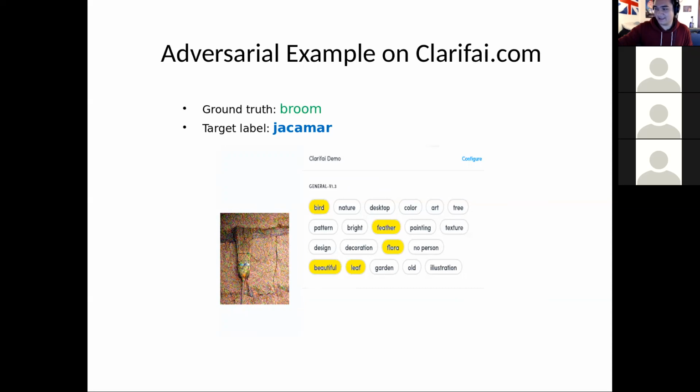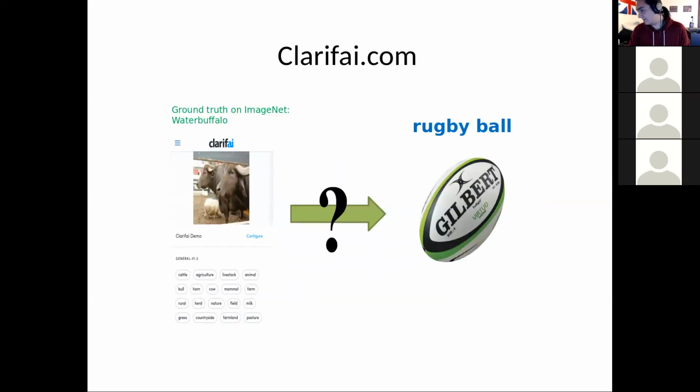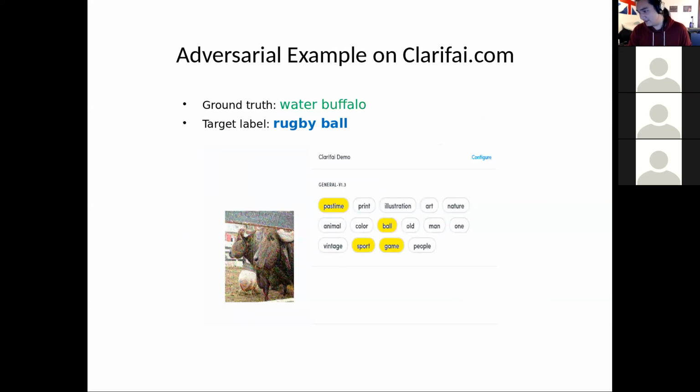Notice that this adversarial attack generated with these ensembles can produce bird-like things, feather-like things, flora, but it doesn't produce the exact class. Here we have a water buffalo. We're trying to produce a rugby ball. And here we get a little bit closer. We get balls, sport, games.